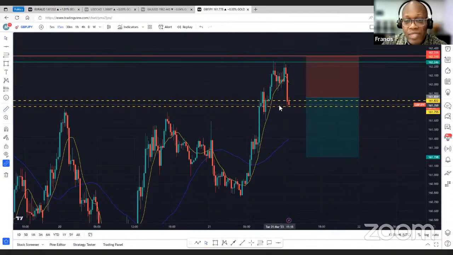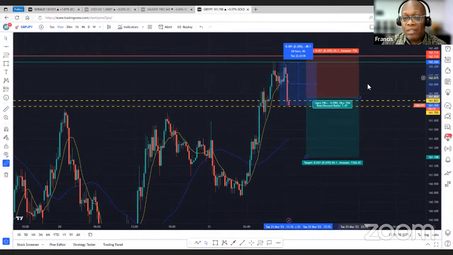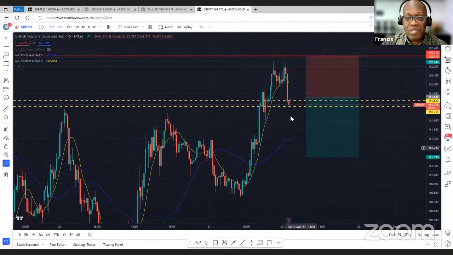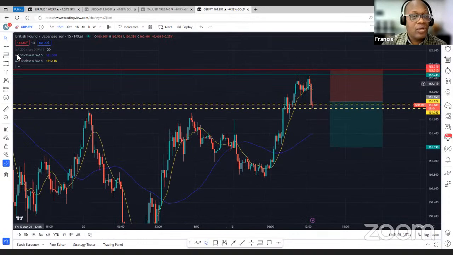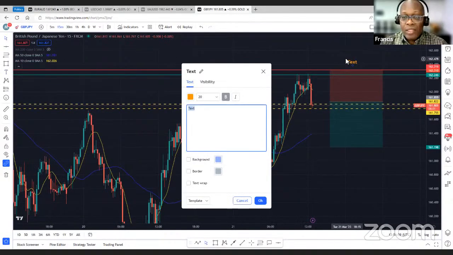So if we sell this one now, we're going to be looking for at least 45 pips. I have not entered yet, so just be mindful of that. Great British Pound, JPY, potential sells.